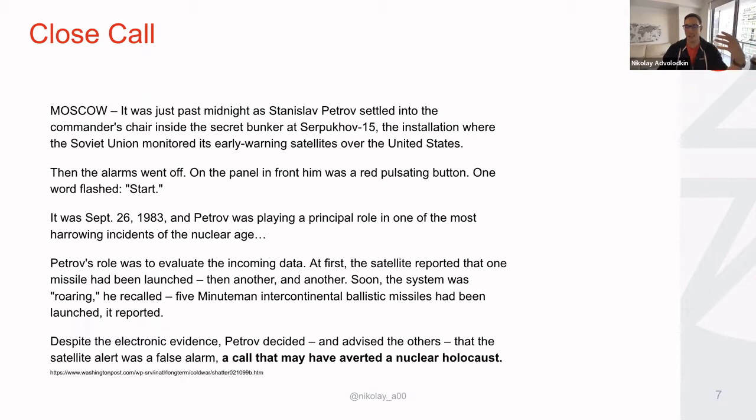And so he had the choice to make to launch nukes back at us or to not. Despite the system telling him to do it, thank God, he decided not to launch nukes back at us. He realized that it was an error, and so a nuclear holocaust was averted. So that's one bug, a very extreme bug, but something that can be caught and prevented with a visual test.